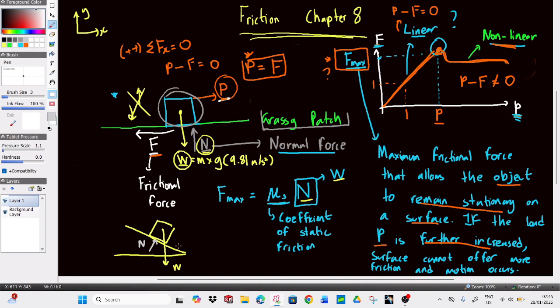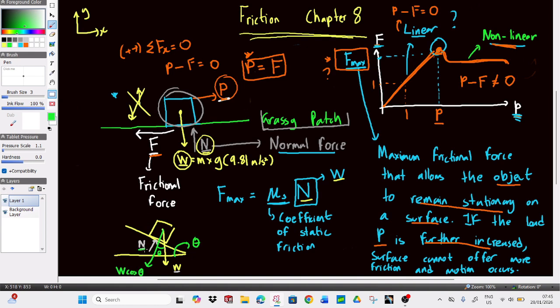So you see, the normal force is not really equivalent to weight, but rather to a component of weight. You can call this angle theta. I'm going to draw this right here. This is theta, also this is theta, so it would be equivalent to W cosine of theta.